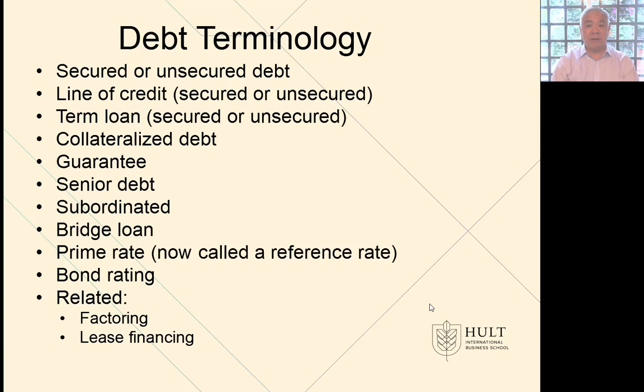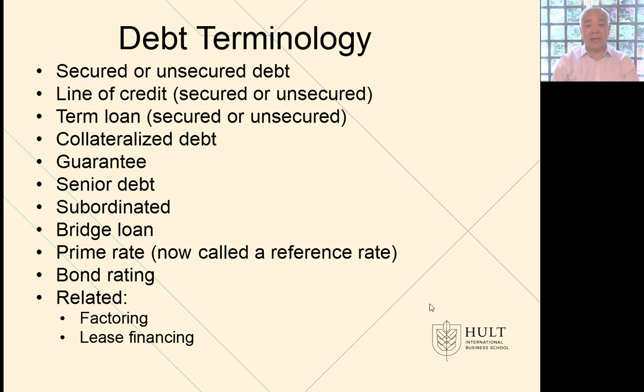That's why we used it that way. But nowadays, it is possible for a great customer of a bank to get funding or a loan below the reference rate for business reasons. So that's why we take away this notion of it's the rate a person or a company of a certain credit caliber would receive. It's now more accurately called a reference rate, which is derived by the bank.